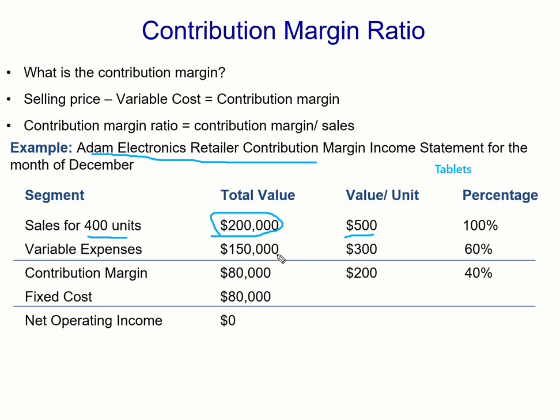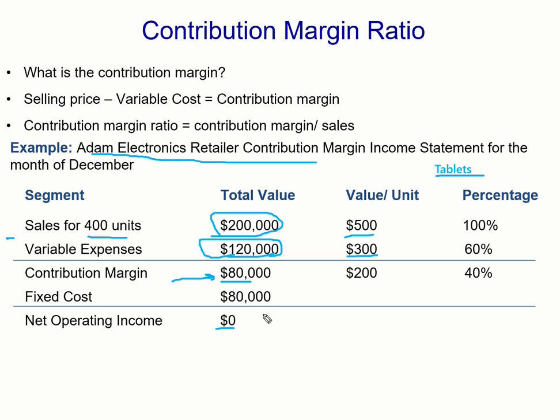If you want to copy this information down, because we're going to be using the data from this example throughout this session, variable cost per tablet is $300. 300 times 400 is $120,000. Our contribution margin, which is sales less variable cost, is $80,000. Then we deduct the fixed cost and we happen to have a net operating profit of 0.